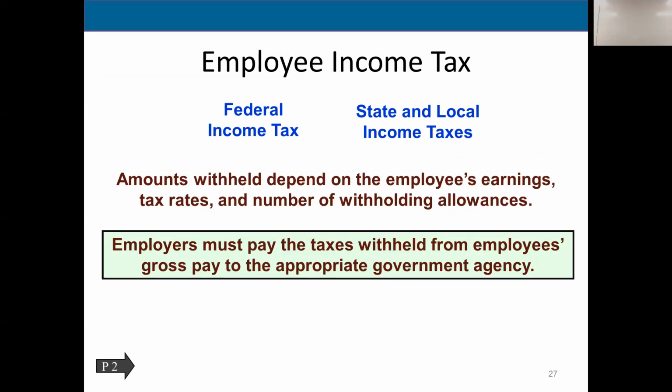Amounts withheld depend on the employee's earnings, tax rate, and number of withholding allowances. Employers must pay the taxes withheld from the employee's gross pay to the appropriate government agency. So again, you send federal income tax dollars to the federal government, state taxes to state government, and local taxes to the local taxing jurisdiction.